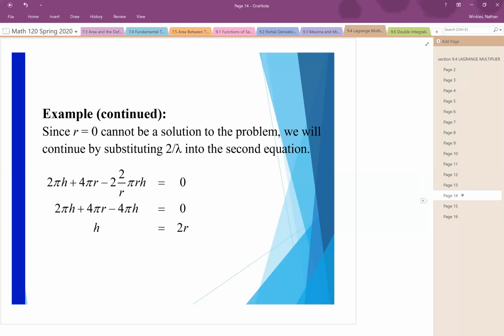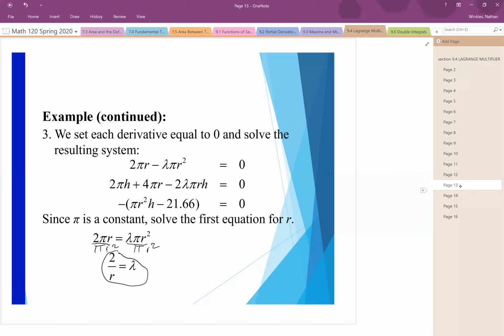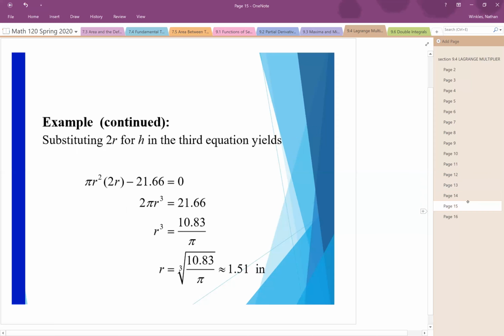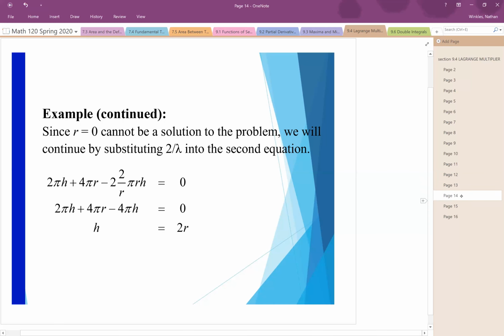So from the previous one, we had that lambda was equal to 2 over r. What we're doing here is substituting 2 over r into the second equation.